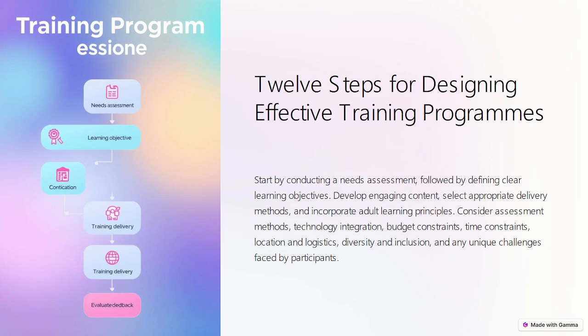So these 12 steps for designing effective training programs are, first of all, you need to understand the need of assessment, clear learning objective, engaging the content, appropriate delivery methods, incorporate adult learning principles, assessment methods, technology integration, budget constraints, time constraints, logistic location and logistic, diversity and inclusions, and challenges faced by the participant.